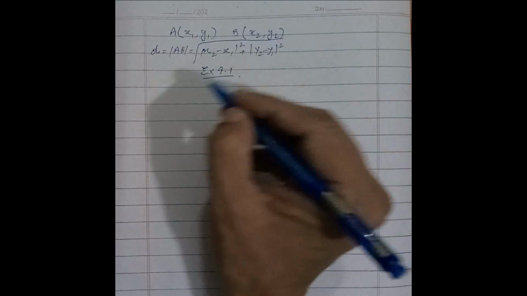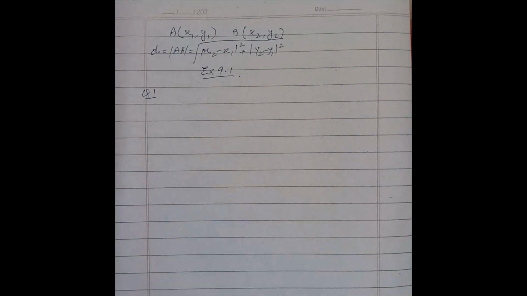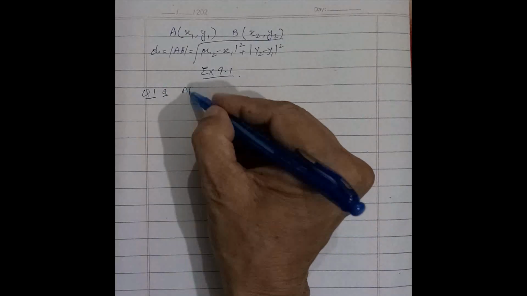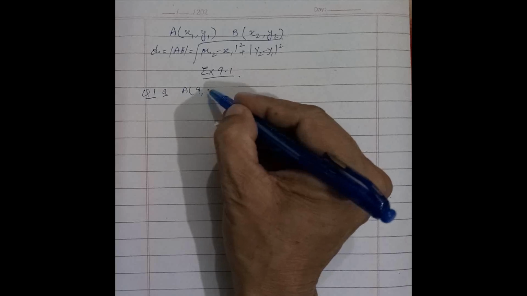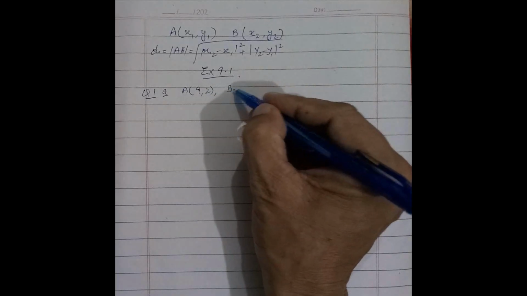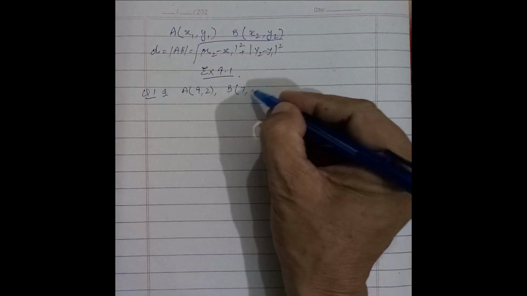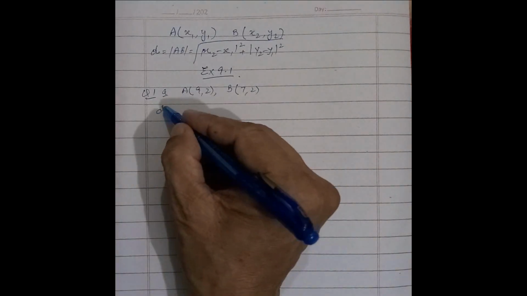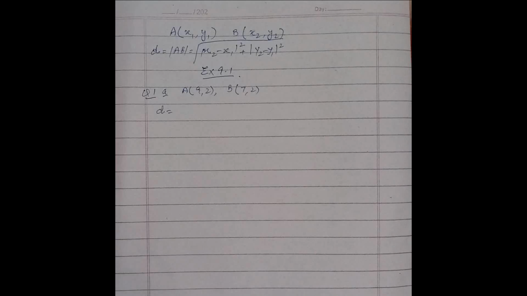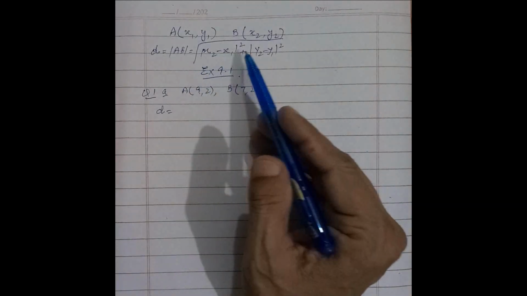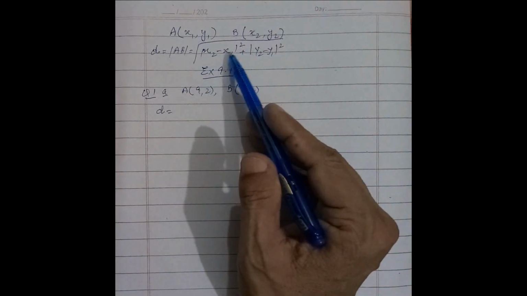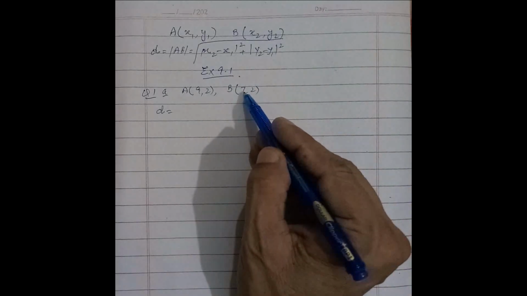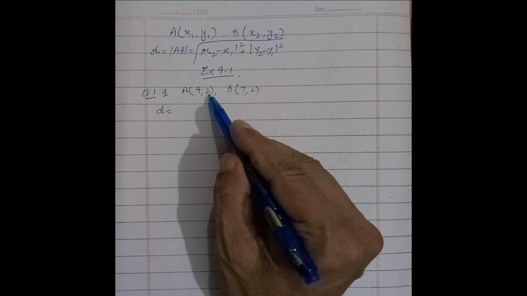Exercise 9.1, question 1, part A. A is the point which has coordinates 9 and 2, and the other is point B whose coordinates are 7 and 2. Now we find their distance. D is equal to, by applying the formula, x2 minus x1 whole square plus y2 minus y1 whole square, under the square root. In this question, 7 and 2 are x2 and y2, and 9 and 2 are x1 and y1.